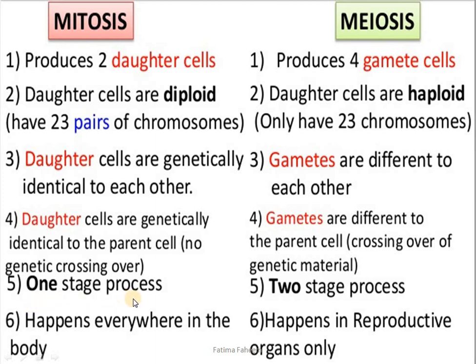Mitosis is a one-stage process, while meiosis involves 2 stages. Mitosis happens everywhere in the body during repair and growth, while meiosis will only happen during sexual reproduction when gametes are to be formed, and it will only happen in reproductive organs in female and male.